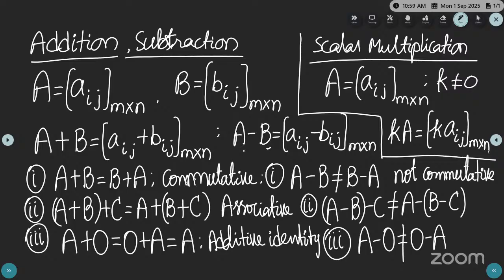Just multiply all the elements with that non-zero scalar. This is scalar multiplication of the matrix. Okay.